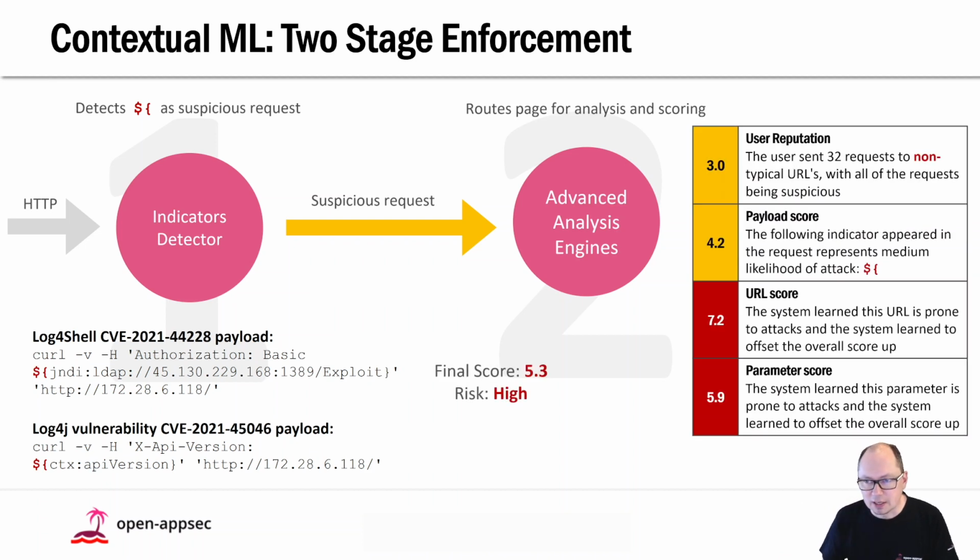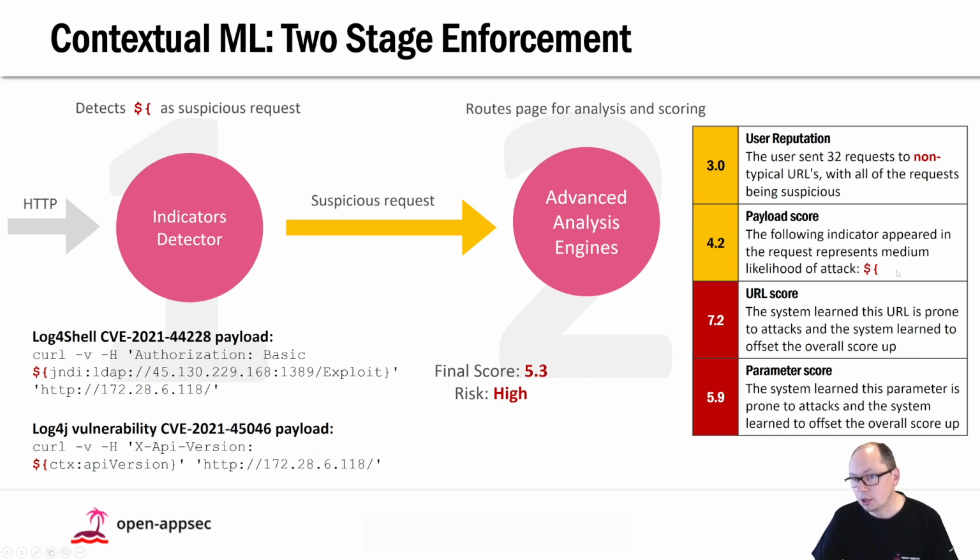In the advanced analysis, all the different contexts were involved in the decision making. Here it was determined that this user, for example, already did some suspicious stuff in the past. He already sent requests to URLs which were not typical, and in the request there was also something suspicious, and so on. So this adds up to making the initial assumption even stronger that this might be a malicious request. The payload score is the scoring from phase one.